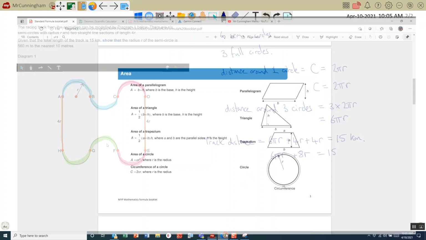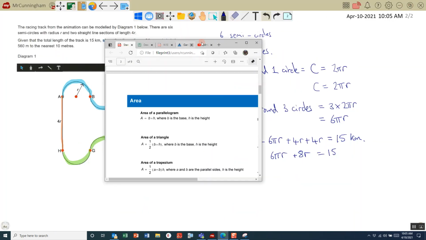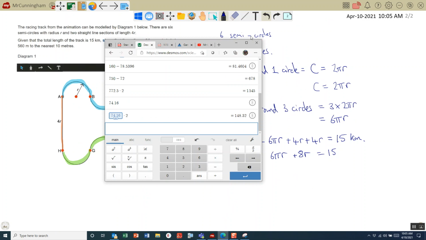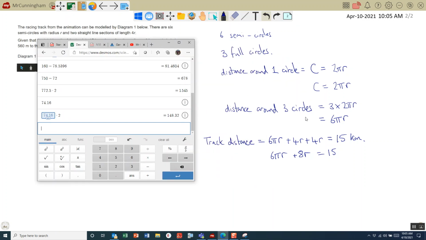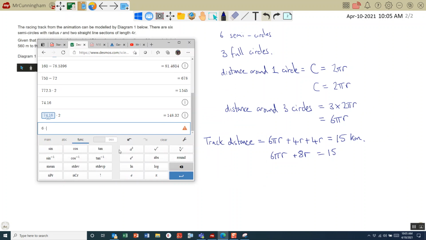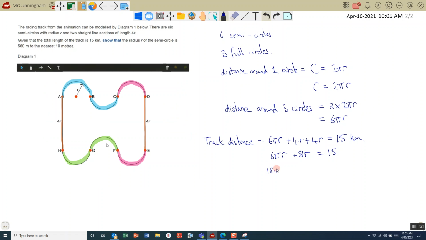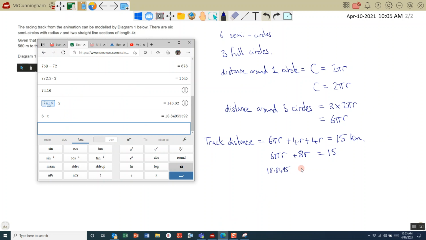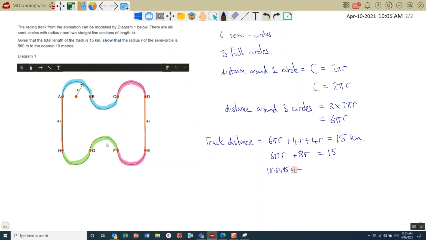So if I go to my calculator, and I'm going to put in 6 times pi, so that's 18.8495, and I think yep, I'll round up then, and that's r, so we've got the r, and then we're going to add on 8r.